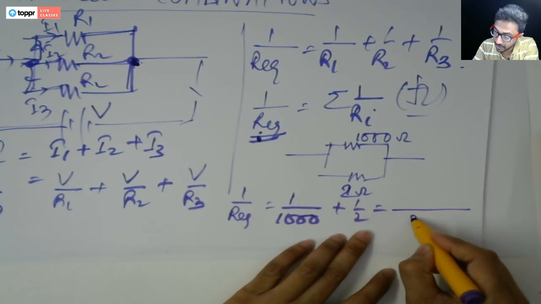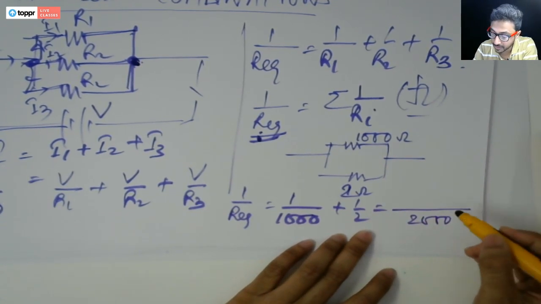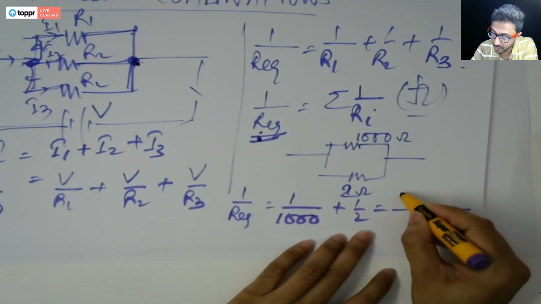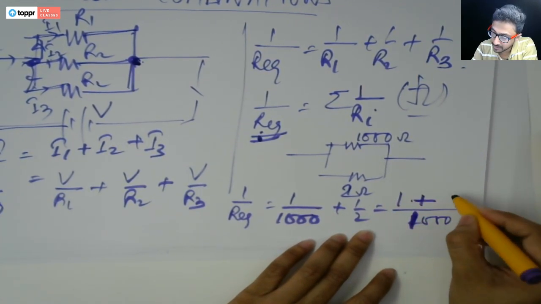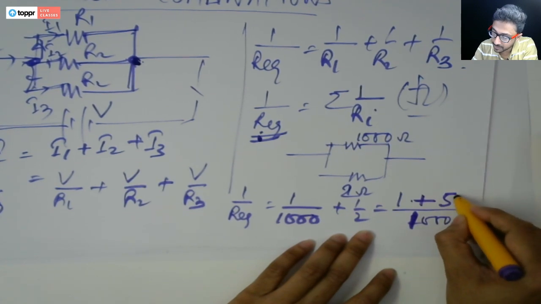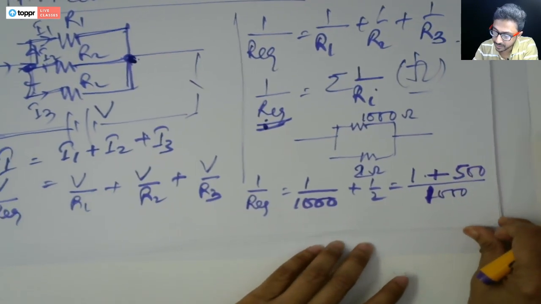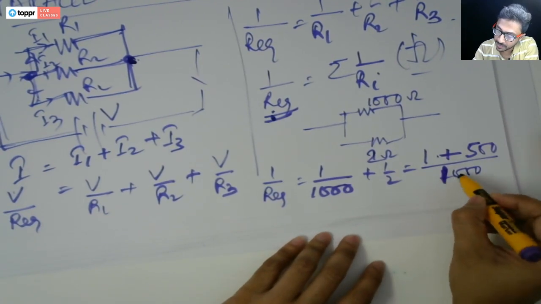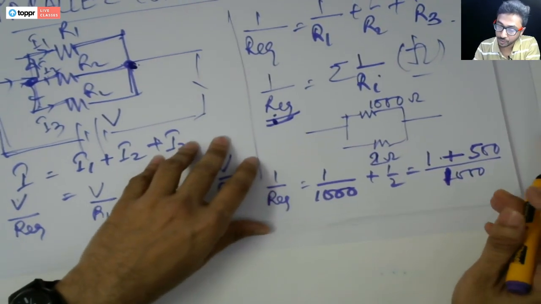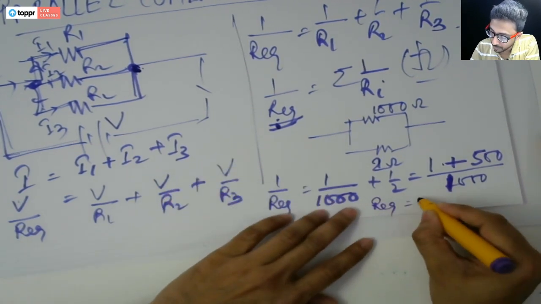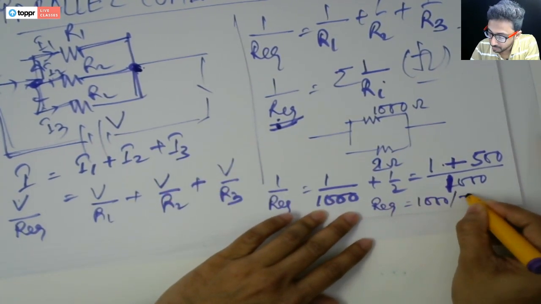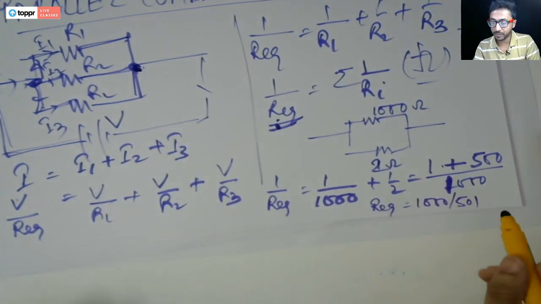It is nothing but, this is 1 by 1000 only, this is 1 plus this is 500, isn't it? So now it becomes 501 by 1000. So R equivalent will be 1000 by 501.